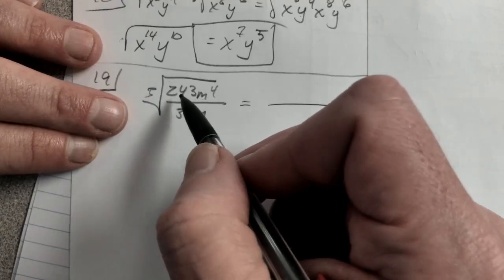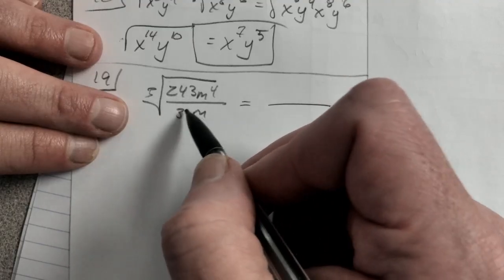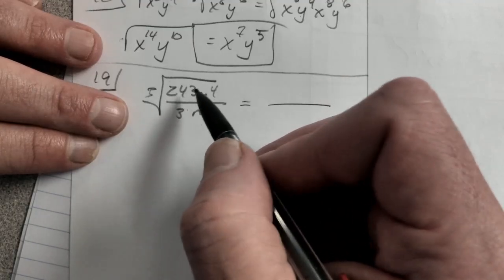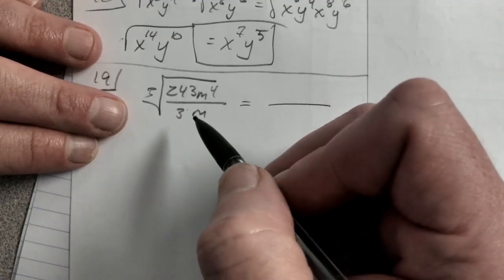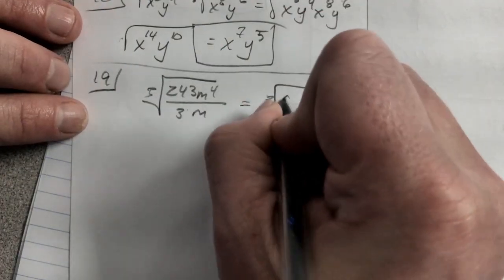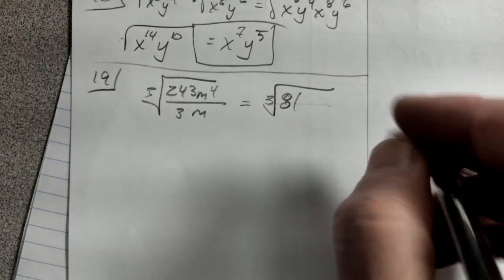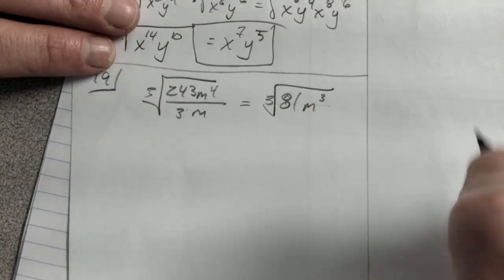I know that because 2 plus 4 plus 3 is 9, and if 9 is divisible by 3, then 243 is as well. So 243 divided by 3, perfect. So we get the cube root of 81. And m to the 4th over m is m to the 3rd.